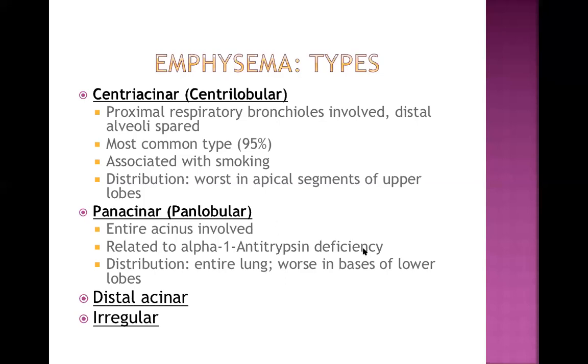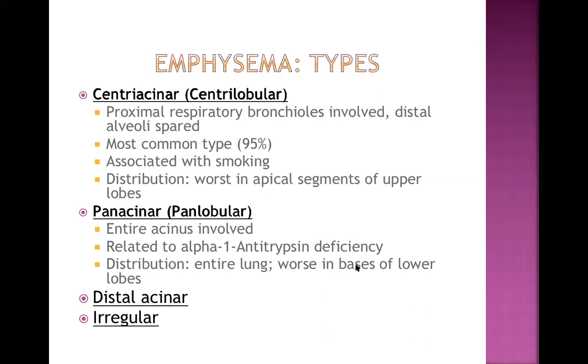Alpha-1 antitrypsin deficiency because of genetic defect or genetic disease leads to panacinar type of emphysema. Pan means whole or entire, so the entire acinus is involved here, whether respiratory bronchiole, alveolar duct, or alveoli. Regarding the distribution, this is worst in the bases of the lower lobe, exactly opposite of centriacinar.